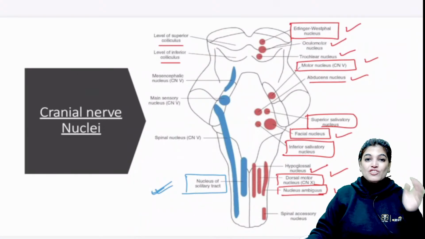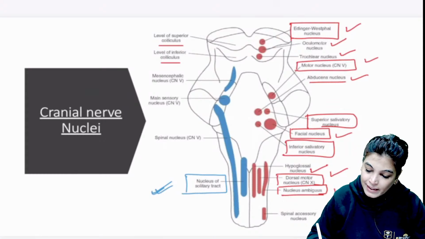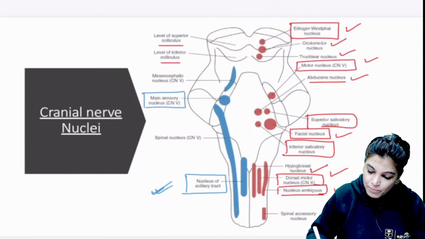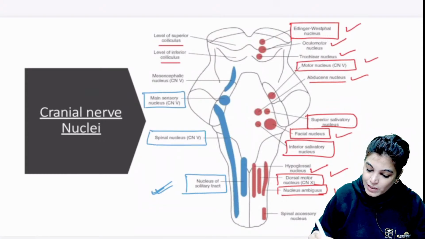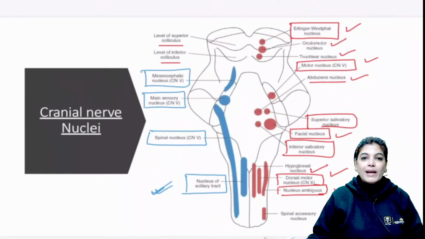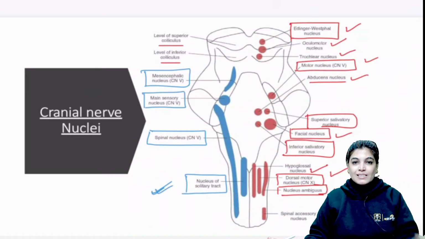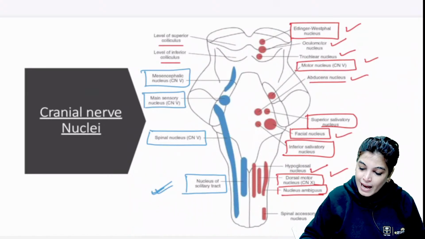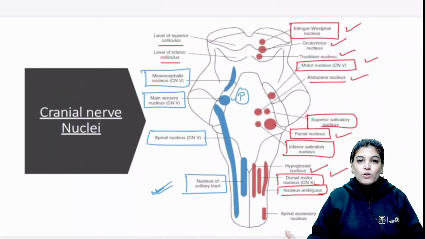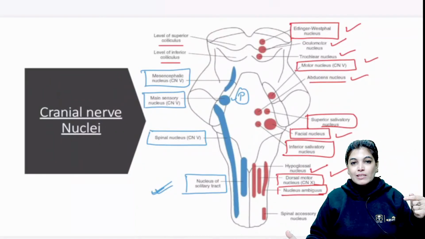When I am talking about general somatic afferent, in this category we have got three nuclei: main sensory, spinal nucleus of trigeminal nerve, and mesencephalic nucleus of trigeminal nerve. The main sensory nucleus of trigeminal nerve is located in the pons. From it, there is an extension below which goes till the second cervical segment of the spinal cord, which is the spinal nucleus of trigeminal nerve.